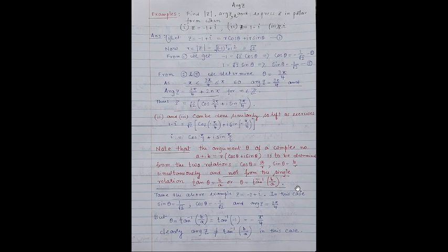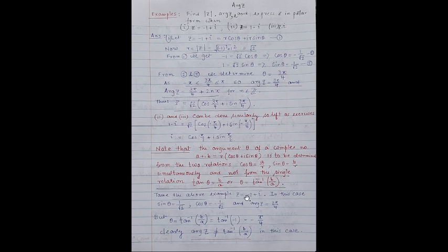But that is wrong. The value that this single equation gives you may not be the principal value of the argument of the complex number z, this a plus ib. Instead, solving these two equations simultaneously definitely gives you the principal value of the argument.